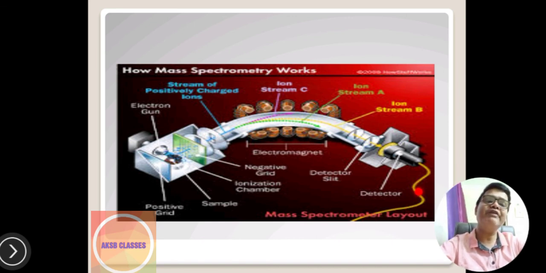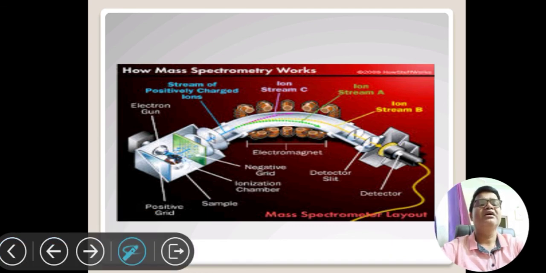Not only the molecular weight, but also the structure of any biomolecule, and the sequence, and what the different components of that biomolecule are. So this is the whole story of mass spectrometry or mass spectra. This is the complete process for the characterization of protein.